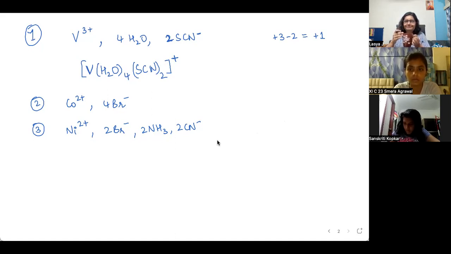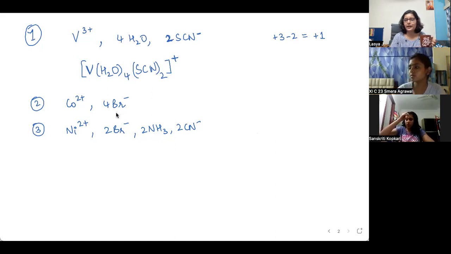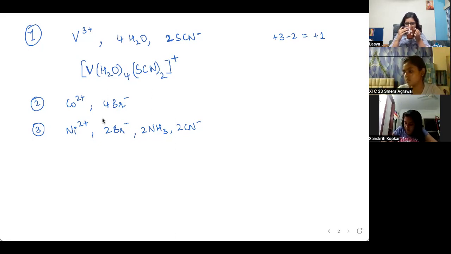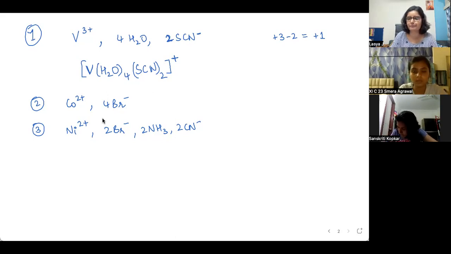Wait, no. You put brackets for the ligands only if it is polydentate or something like that. Bromine is just atomic, right? So you don't have to put brackets for that. If it is an abbreviation, but Br is not an abbreviation of bromine, it's a symbol, straightforward. So you don't need brackets for that.